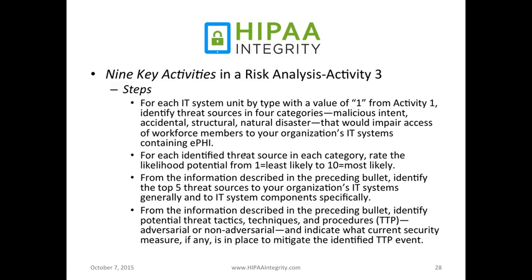So from the information described in the preceding bullet, you'd identify the top 5 threat sources to the organization's IT systems generally and to each component specifically. And from that information, you would identify potential threat tactics, techniques, and procedures, adversarial or non-adversarial, and indicate what current security measure, if any, is in place to mitigate the identified event.